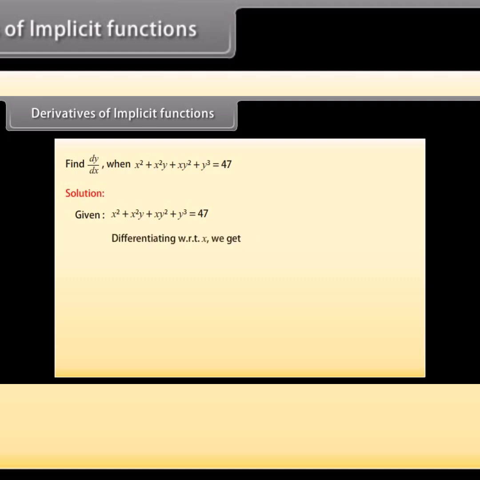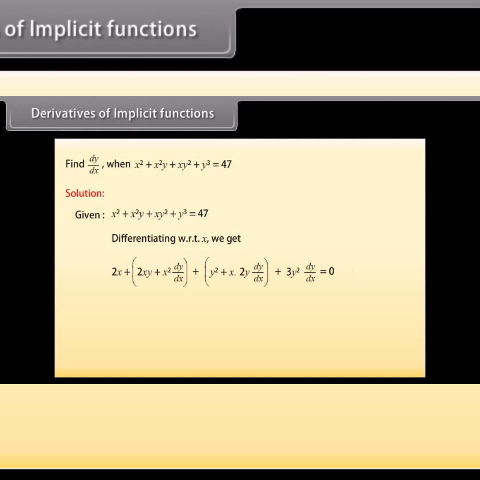Differentiating with respect to x, we get 2x plus 2xy plus x square into dy/dx plus y square plus x into 2y dy/dx plus 3 into y square dy/dx is equal to 0.